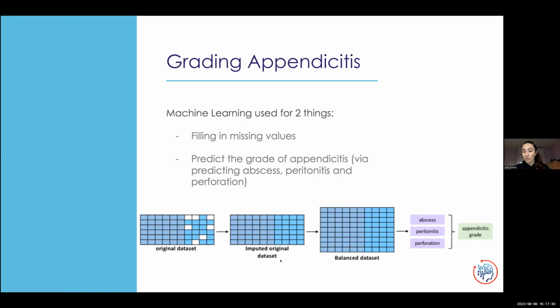You impute the original data set, so fill in these missing values. Then you balance it using one of the balancing methods that I alluded to earlier. And using this balanced data set, you create machine learning models that individually predict abscess, peritonitis, and perforation, which are used for the appendicitis grade. Hopefully that makes sense up to date.